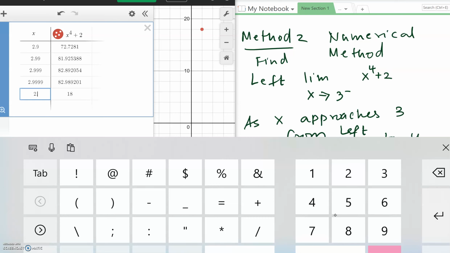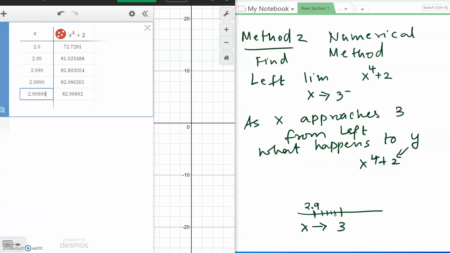Maybe one more number. It's becoming 82.99, and then 82.999. So it's going to become 83. So as x approaches 3 from the left side, the y value approaches 83.